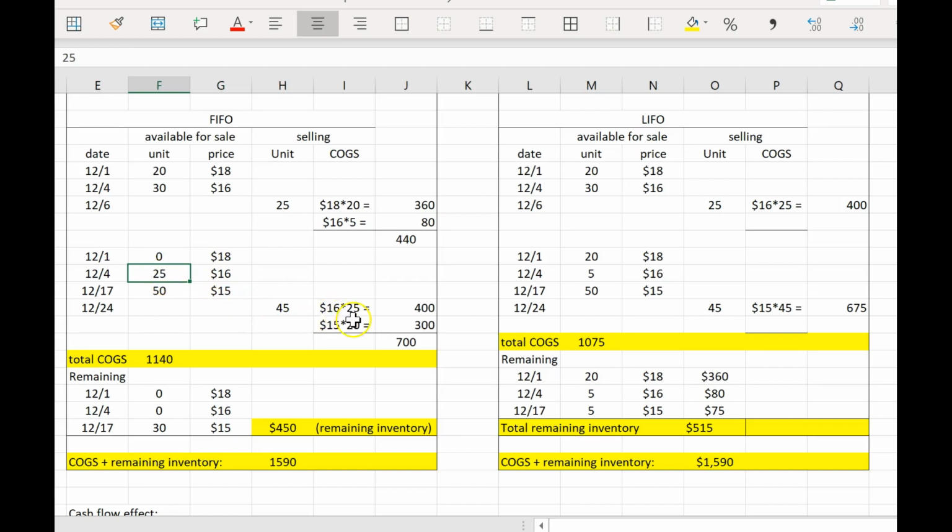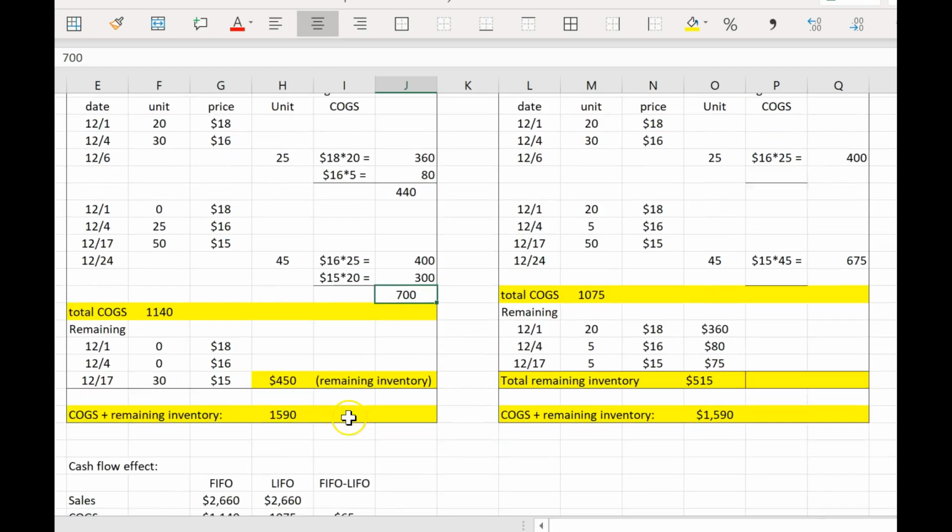So we take 25 units from the $16 batch, that's $400. And then we take 25 from here, but we sold 45. So there are another 20 we need to take from the last pile. So we took 20 units from the $15 pile and we add them up.